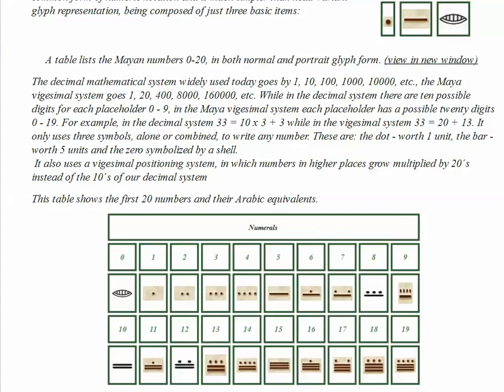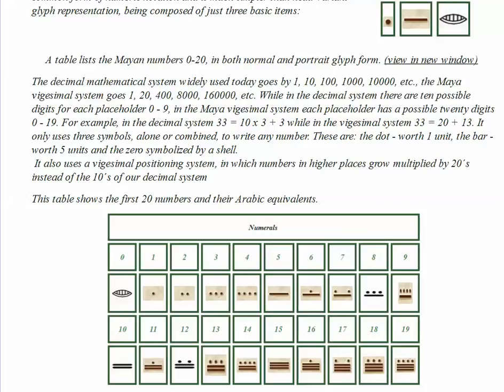So 0 is the symbol here, and the interesting thing about the 0 is they are one of the only ancient cultures to discover 0, which for you and I seems laughable, but back then it was something they didn't know about. 1 is a dot. 2 is 2 dots, 3 is 3 dots, 4 is 4 dots, 5 becomes a bar, 6 is a dot over bar, 7, 8, 9, and then for 10 you have two bars. And that pattern continues all the way up to 19. For 20, they're going to have another place value.